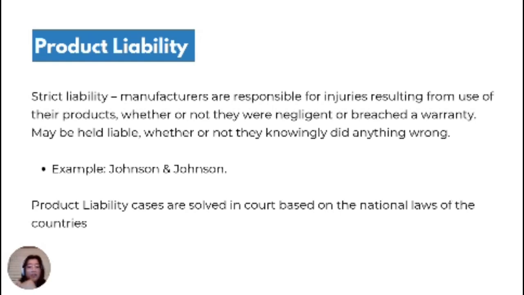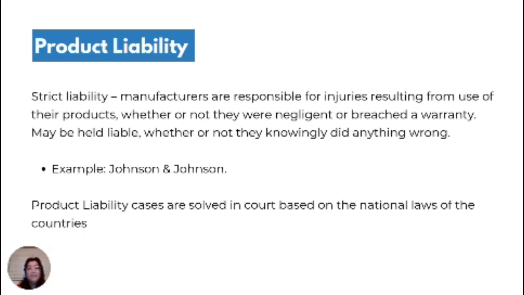Number one is it focuses on the safety of the product rather than the conduct of the manufacturer. Second is it protects consumers by holding companies accountable for injuries caused by defective or unsafe product. Third is it encourages businesses to be extra cautious about product safety, testing, quality, and control.